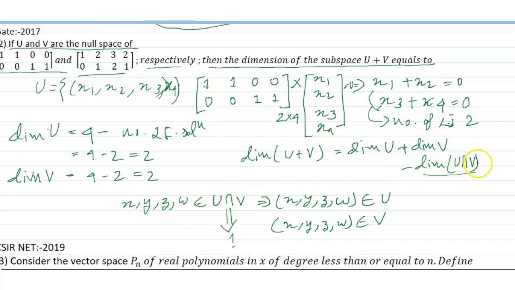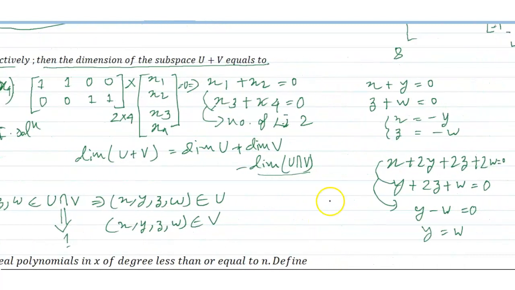So how can I solve these questions? This question is very simple. The answer is 2 plus 2 minus 1 equals to 3. So this way I find out the dimension of u plus v.